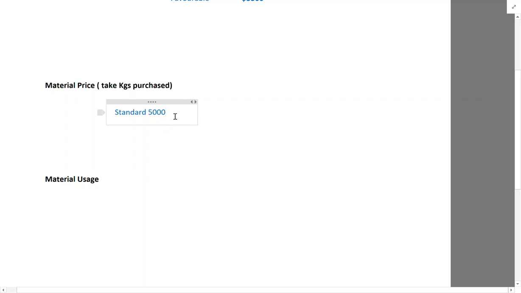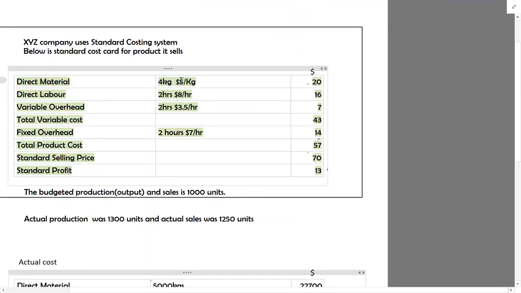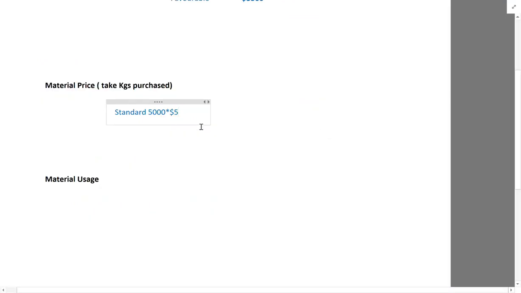So the 5,000 kgs that we purchase and use is the same. According to standard, we should have paid 5 per kg. That makes it 25,000. But actually, we paid how much? 22,500. So we have favorable. How much favorable? 2,500. So we saved 2,500.